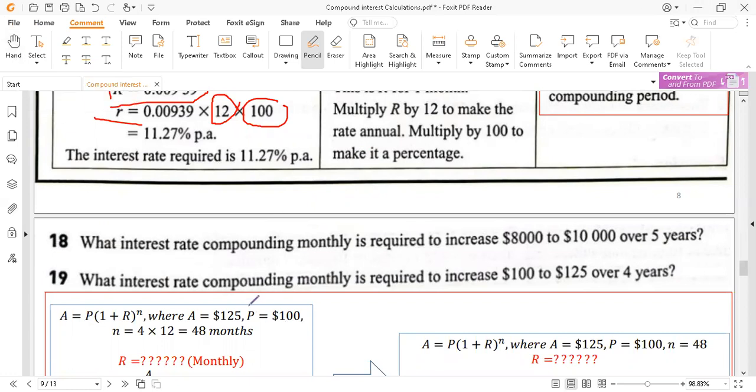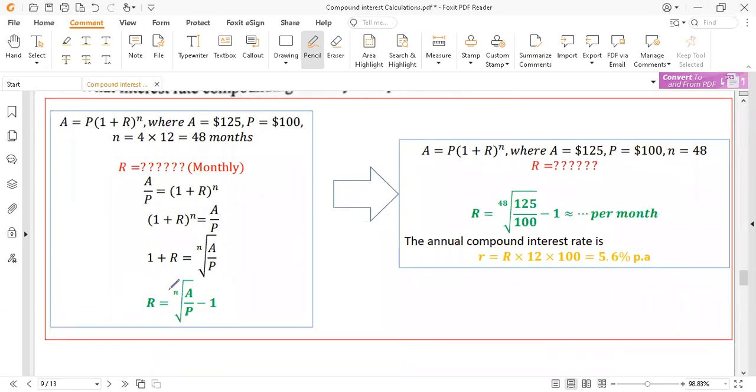In the same way, we have exercise 19. We explained that big R equals the nth root of A over P minus 1. And we know that small n equals 4 years, and we are interested in calculating the interest for each month. So we should convert it into months: 48 months.